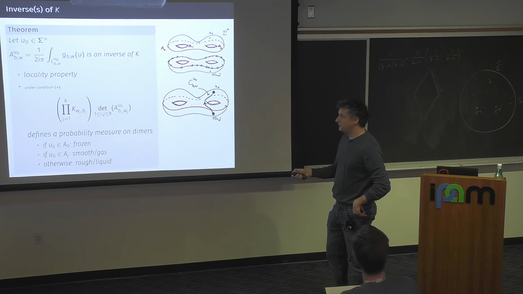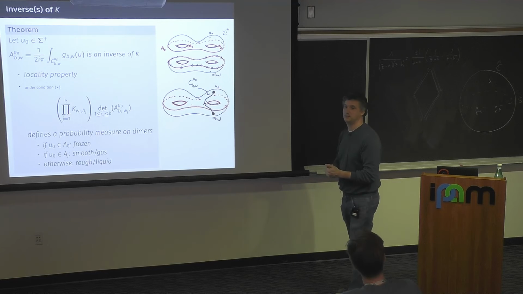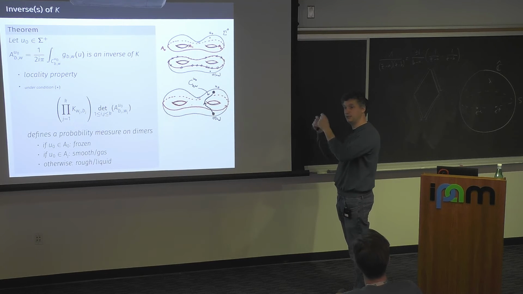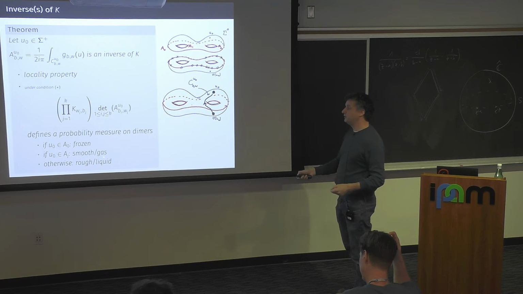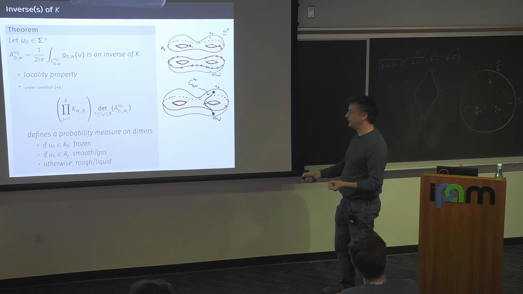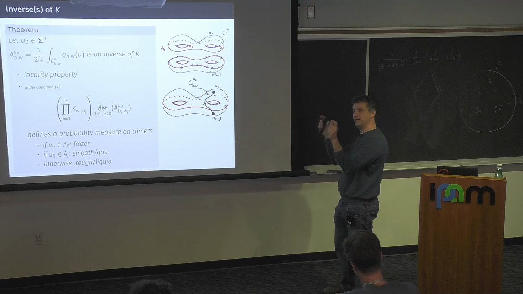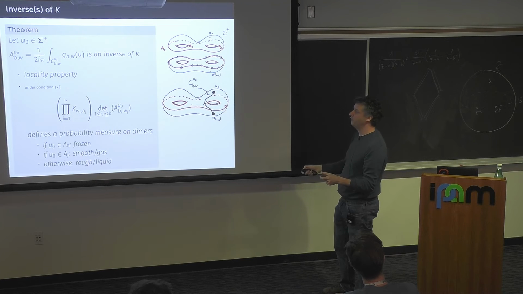And when you say that it's rough, you mean that the correlations are power law in the distance? Exactly. The decay of the coefficients of this matrix is the same as in the periodic case. For example, in the rough region, we can show that the asymptotics of this coefficient will be like the imaginary part of something oscillating divided by the difference of a function evaluated at the black vertex minus the same function at the white vertex.